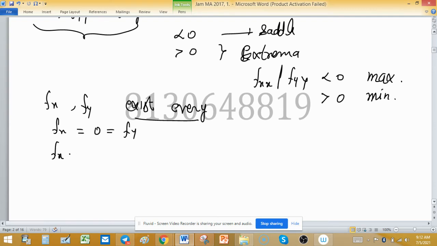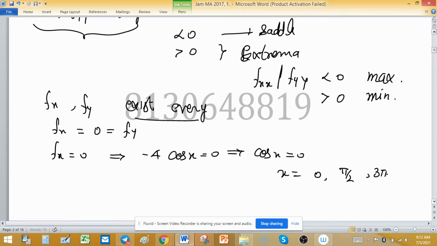If fx equal to 0, then minus 4 cos x equal to 0. This implies cos x equal to 0, so x equals pi by 2 or 3 pi by 2. 0 is not included because x is coming from the open interval 0 to 2 pi.